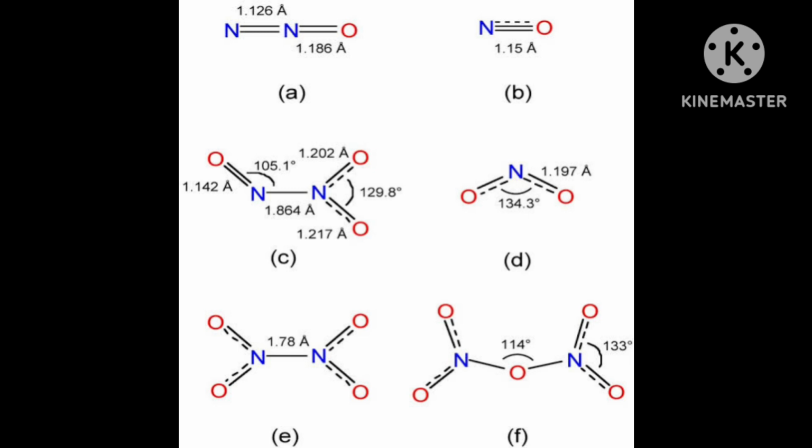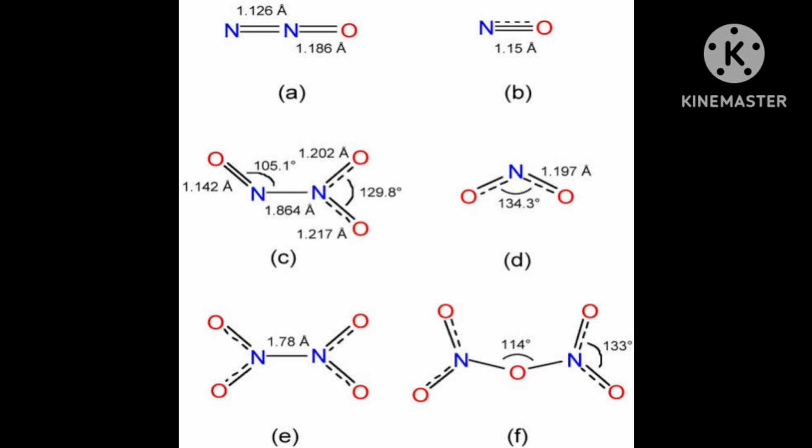Now you can ask the question, why is the bond length differing? Bond length differs because, as I already told you, with the first nitrogen the oxygen bond was there and it was 114. But here, in the second nitrogen, oxygen is joined by a single bond, so their structure is different.